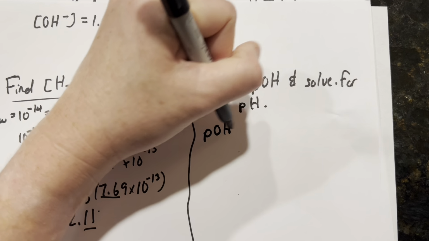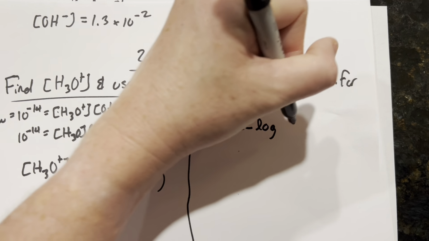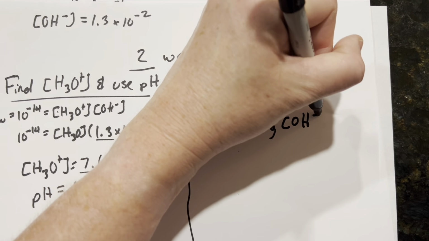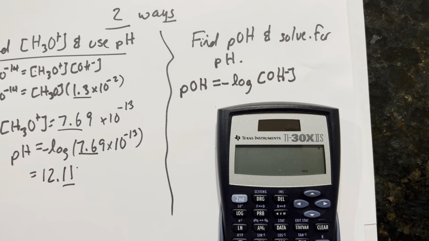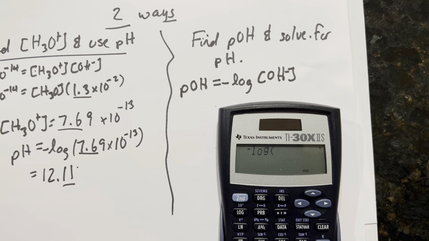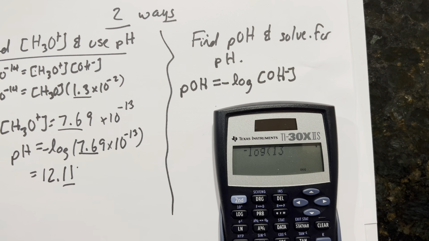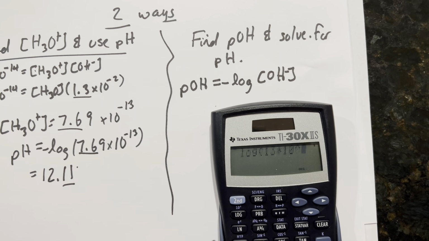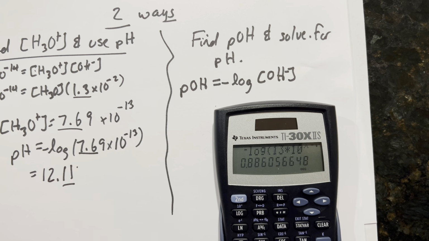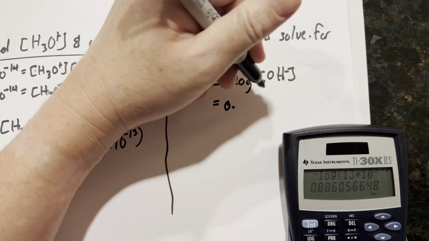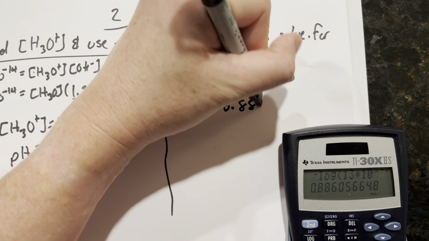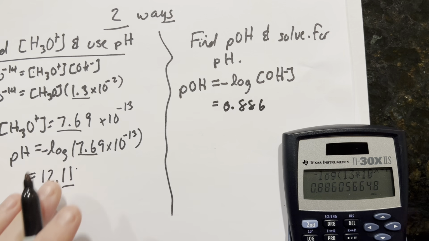Our POH is going to be the negative log of the OH minus. I like getting that step out of the way right away. So you just say negative log of 1.3 times 10 to the negative 2. And I get an answer of 0.886.